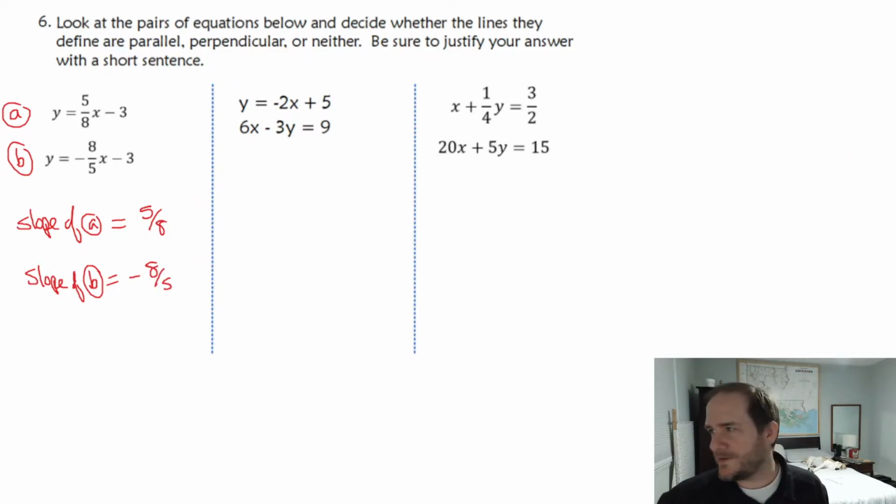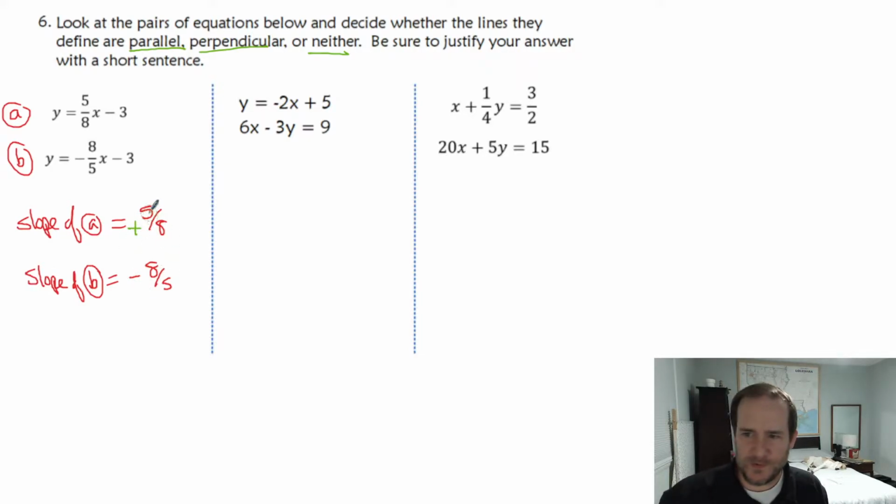Then all you have to do to decide if we're parallel, perpendicular, or neither: we're parallel if the slopes are the same. These are obviously not the same. We're perpendicular when our slopes are opposite reciprocals. That's what these are. Opposite means one of them is positive and one is negative. These are opposites.